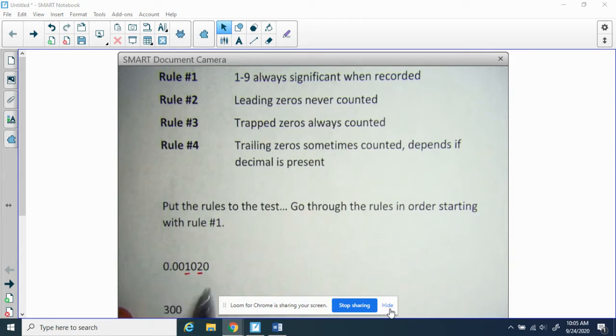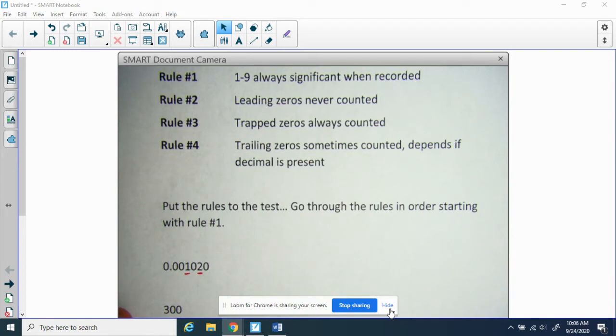I actually have all 3 types of zeros based on my rules, but let's go through each rule at a time. So rule number 2 talks about leading zeros. If I read this number left to right, you'll notice that there are zeros that come in front of that first 1 through 9 number. Those are your leading zeros.